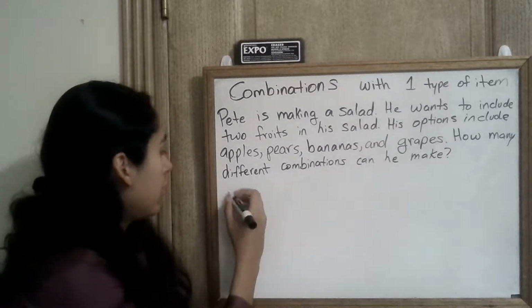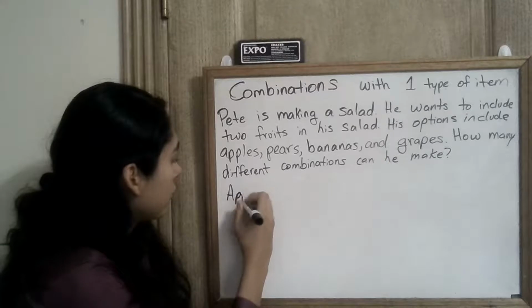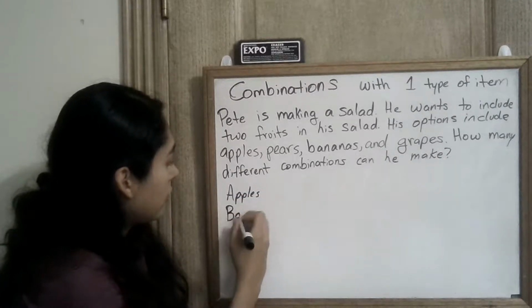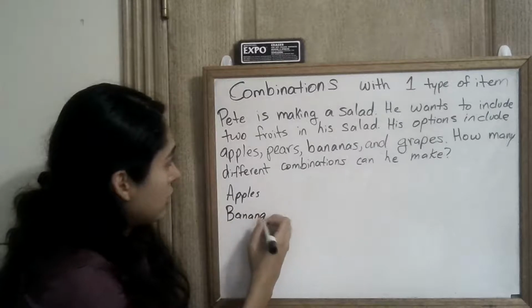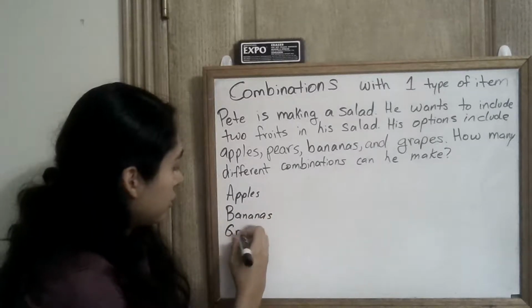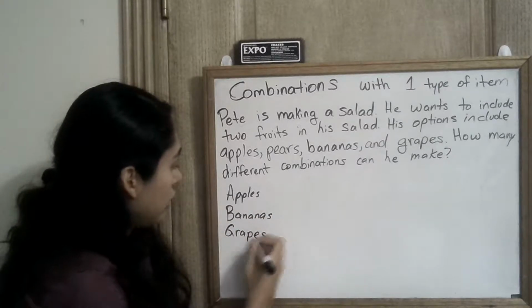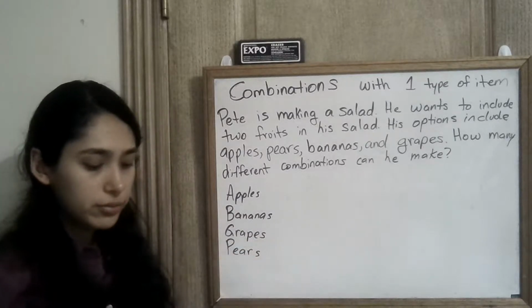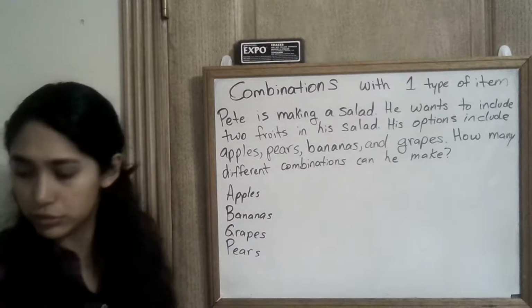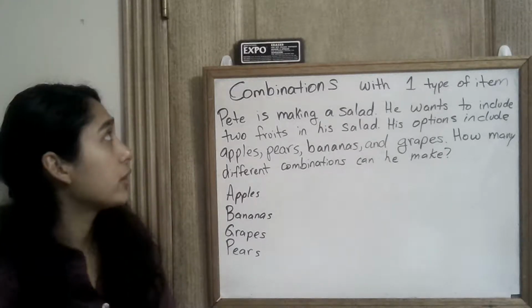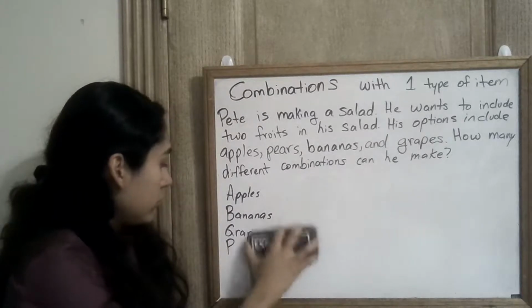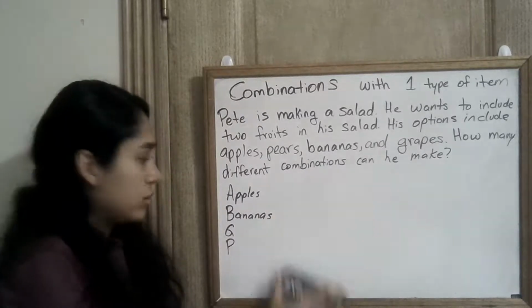So we have apples, and we have bananas, with grapes, and we have pears. And just to make it easier, we're going to use the first letter of each fruit for our combination purposes.